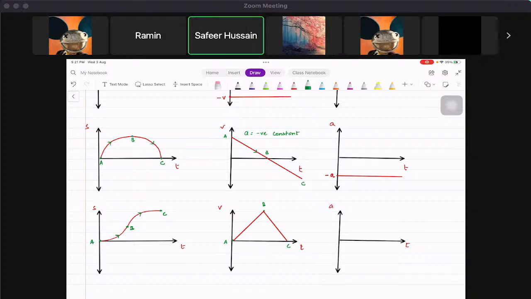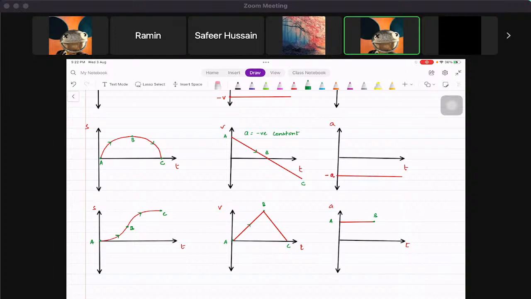Alright, so now in the next section, in the first section from A to B, the acceleration here is positive and it is constant. So I'm going to make a line like this. So this is from A to B, and then the acceleration becomes negative and constant.